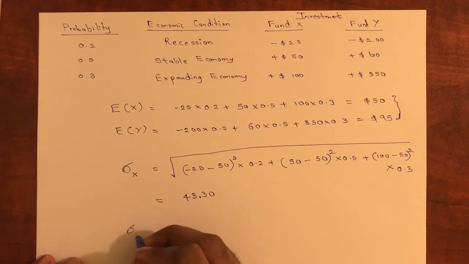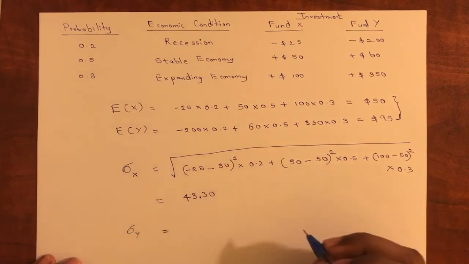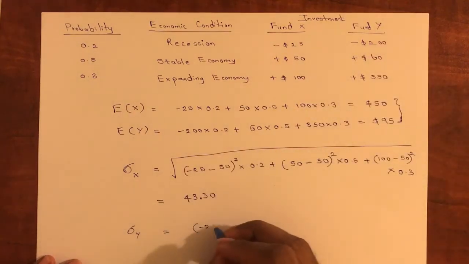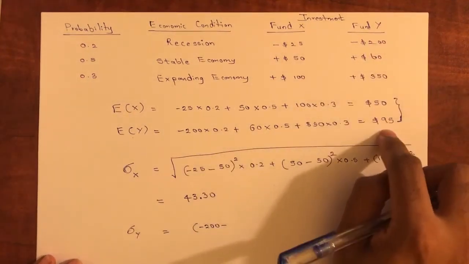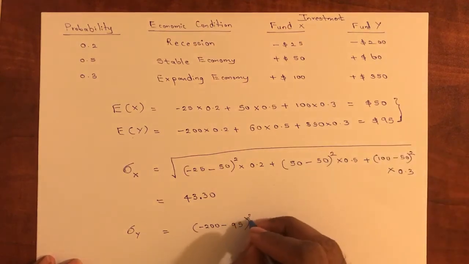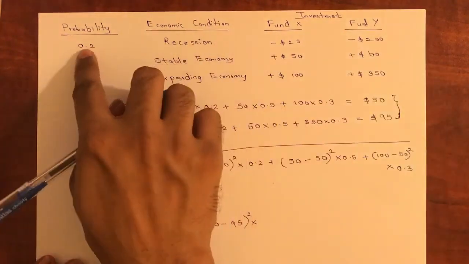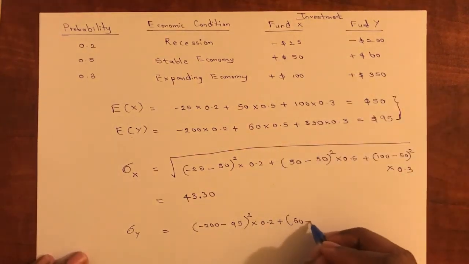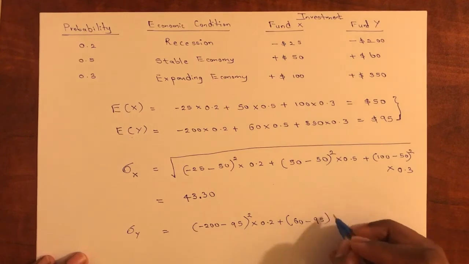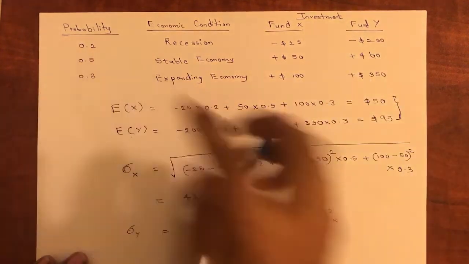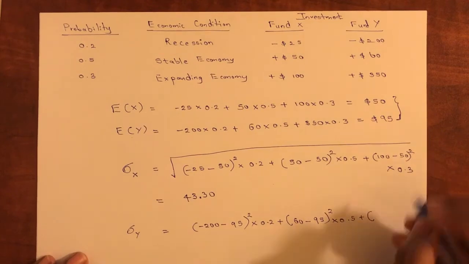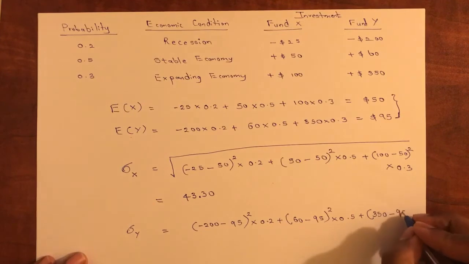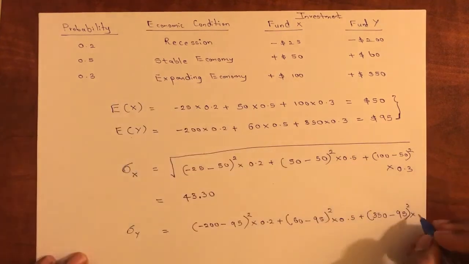Similarly, the standard deviation pertaining to Fund Y is calculated as: you take the first data point minus 200, deduct the expected value of Y, which is 95, square it and multiply it by 0.2, plus the second data point is 60, deduct the expected value of Y, square it into 0.5, plus the third and final data point 350 minus the expected value of Y squared into 0.3.